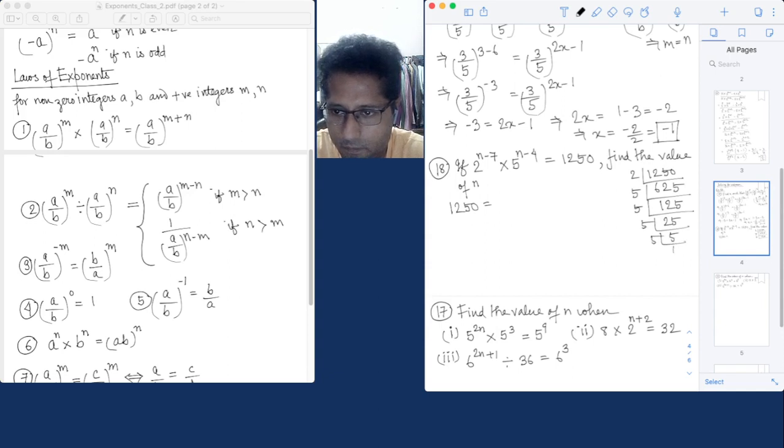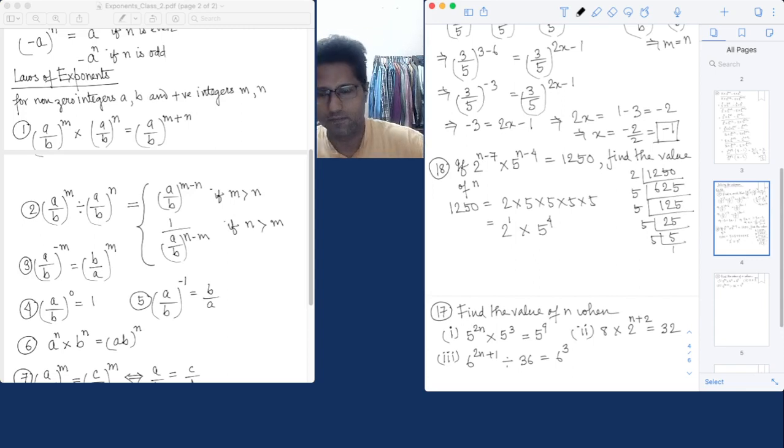So I can see that 1250 is nothing but 2 multiplied by 5 multiplied by 5 multiplied by 5 multiplied by 5. 5 how many times? 4 times. So this is 2 to the power 1 multiplied by 5 to the power 4. 5 multiplied 4 times, in the exponential form we write it as 5 raised to the power 4.